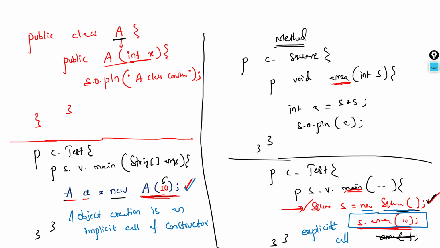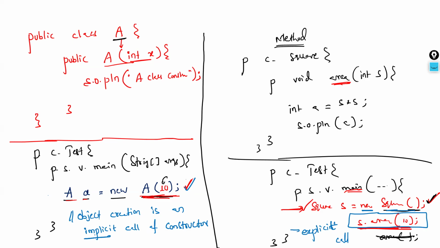Even in our basic coding class it is the constructor only, but if I used the word constructor there without understanding, we'd be confused. That's why from now onwards I'll call it a constructor call, which is an implicit call. We need not separately call the constructor. When we create the object, the constructor also will be executed. That's the meaning of it. Explicit means an extra line of code; implicit means we need not write an extra line of code.